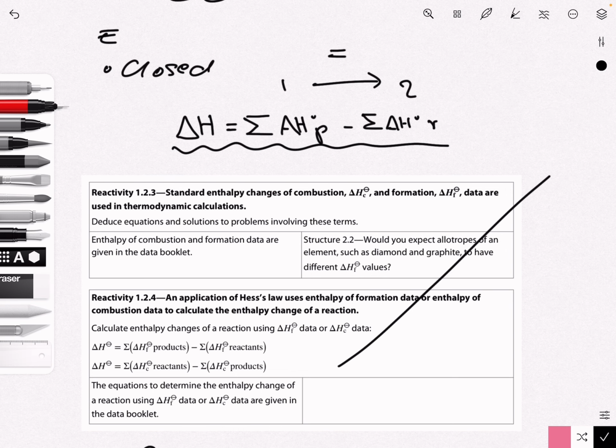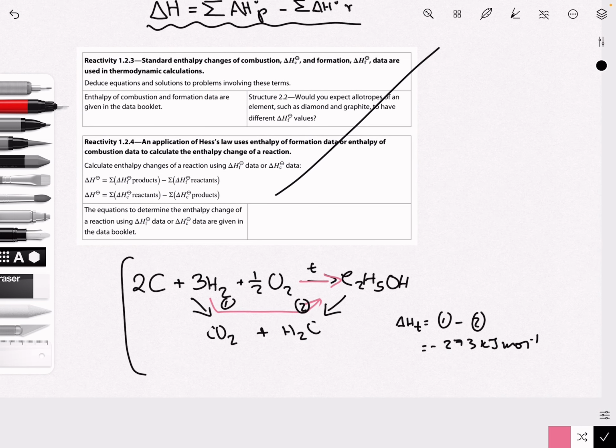But this really is just a simplified version of that, because we have our reactants over here and then our products over here. It's the same thing, it's just easier to understand what is considered the reactant and the product using this energy cycle diagram, especially as it kind of changes when we're looking at formation or combustion data.